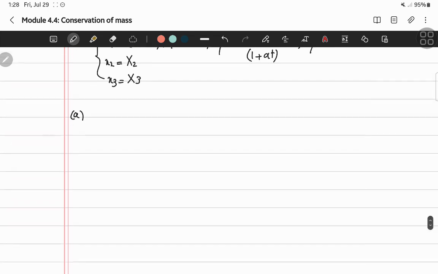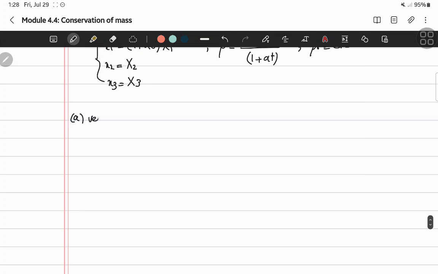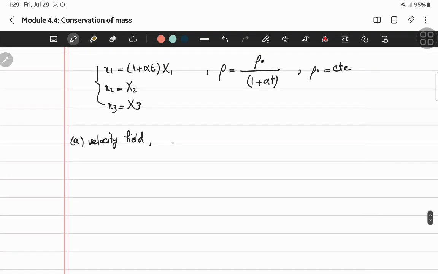So part A wants us to find the velocity field. For the velocity field, we know that vi is the material derivative of xi with respect to t.